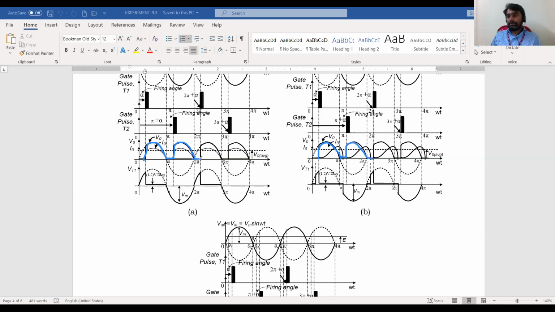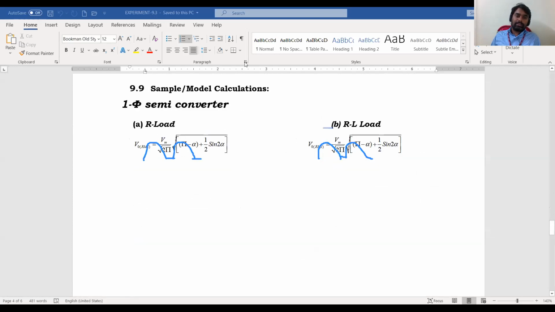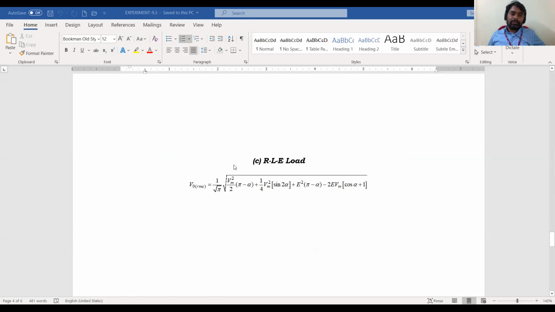So the wave shape in both cases, R load and RL load, is the same, and you will get the same average output voltage as well as RMS output voltage. That is why even if you simulate and do the theoretical calculations, the theoretical calculations will match your simulated values.